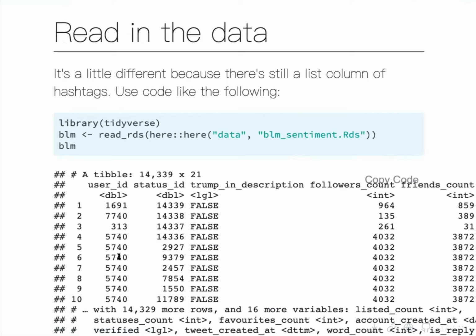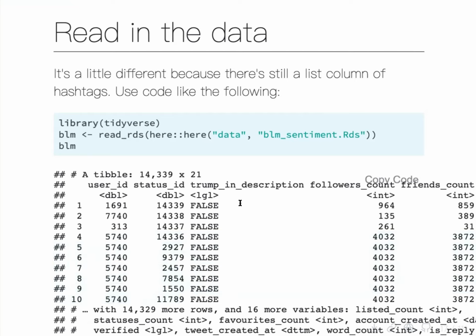We have the user ID. This is anonymized because the user ID is a real thing. Status ID, which is also anonymized. The status ID is the tweet level ID, right? Whereas the user ID is the actual user. So rows 4 to 10 and beyond are all from the same account, and the status ID is different for every row, okay?